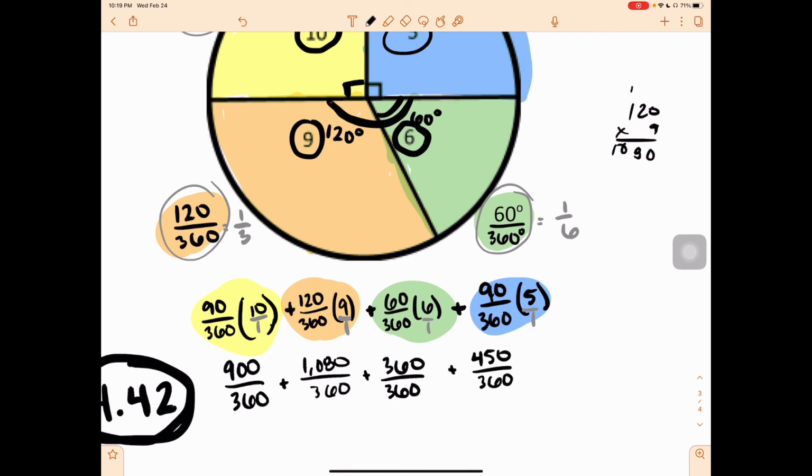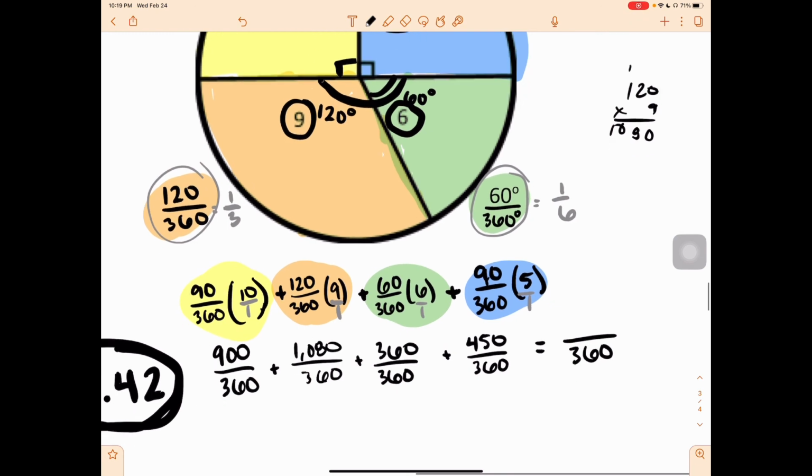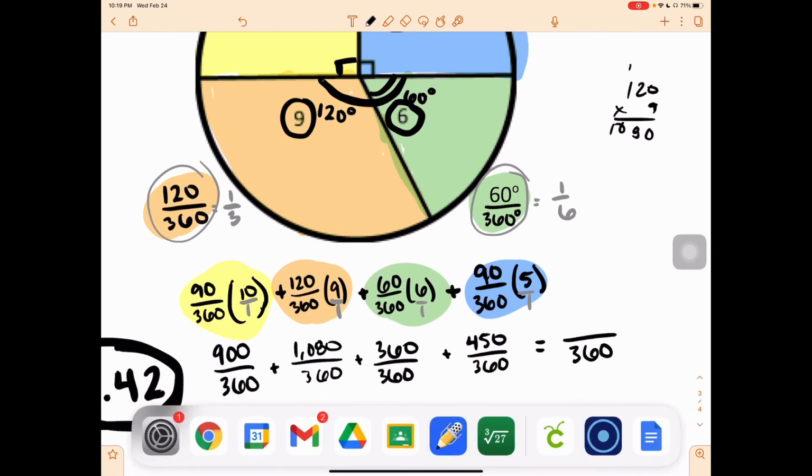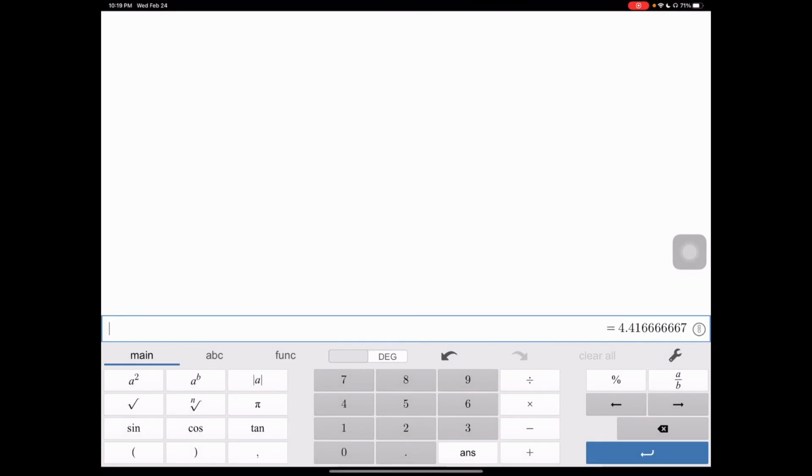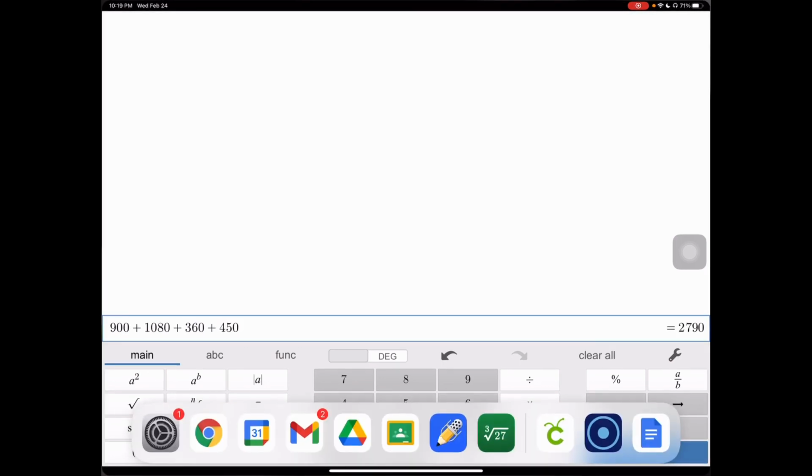So what I personally would do would be add all the tops, and then you have the same denominator, so all the denominators are 360, right? So you guys want to use your calculator. So we have 900 plus 1080 plus 360 plus 450. Let's see if I counted that right.